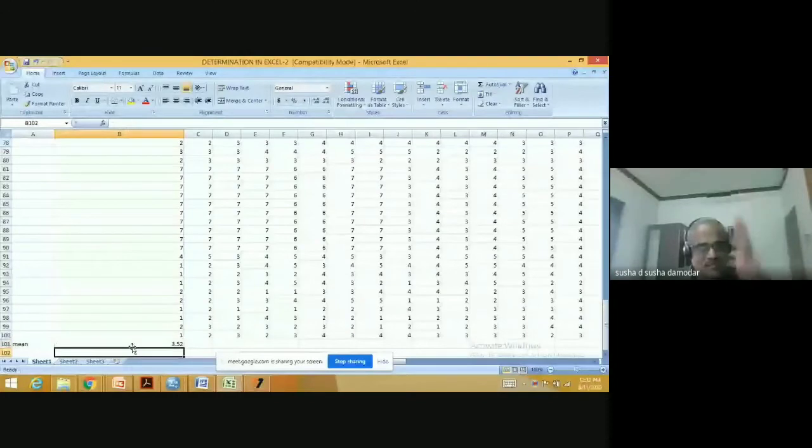So the mean value of the responses of the respondents against the first statement is 3.52.